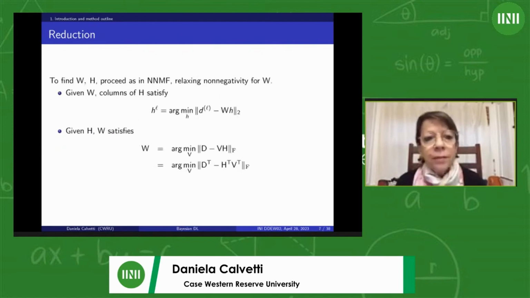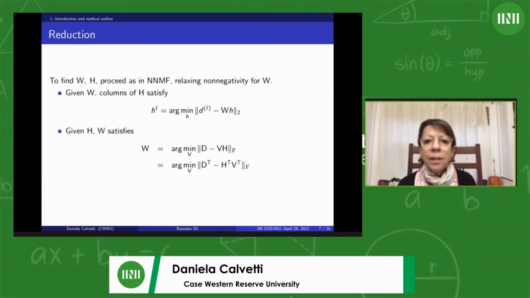So let's stay with the reduction here. This reduction is very popular in data science, and generally in non-negative matrix factorization. The way in which we've been approaching it is by following pretty much the same procedure as in the non-negative matrix approximations.